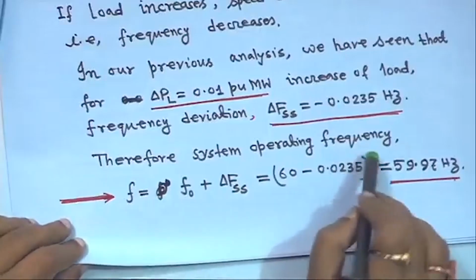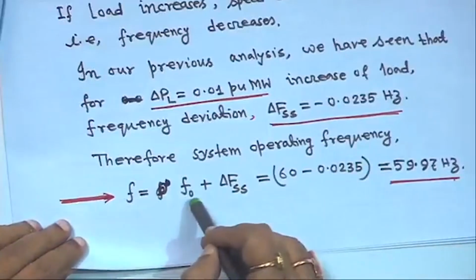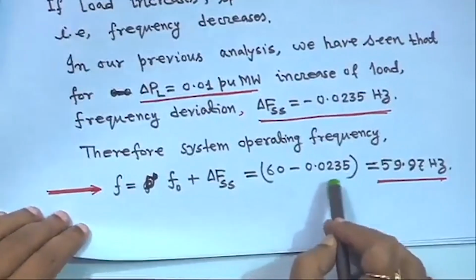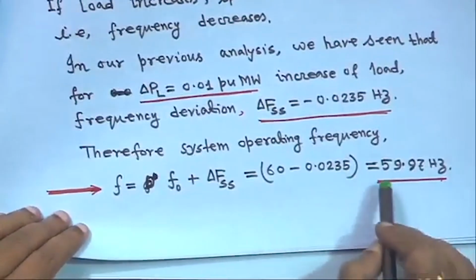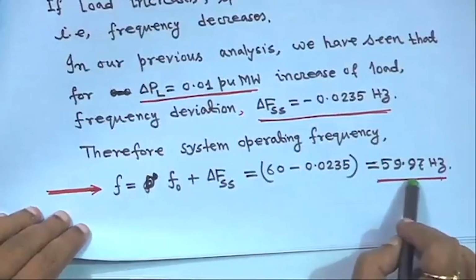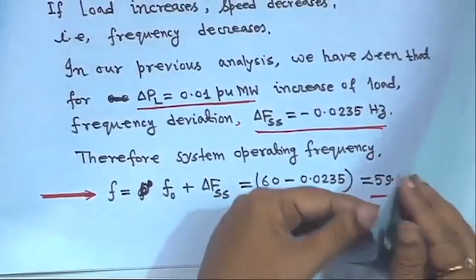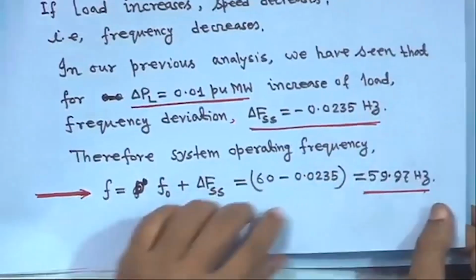Therefore, the system operating frequency will be F0 plus delta Fss, F0 is 60 hertz and delta Fss is minus 0.0235 hertz. So, that means system will operate at 59.97 hertz. I hope you have understood this one, right.